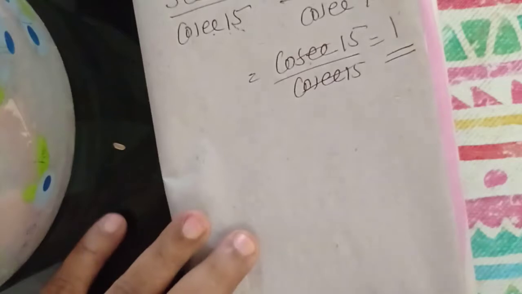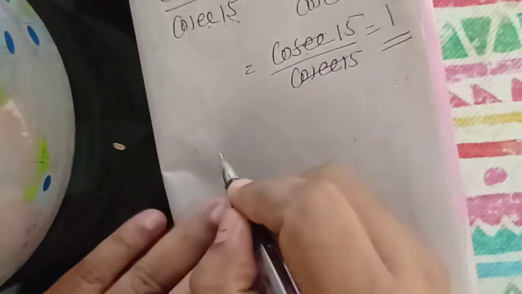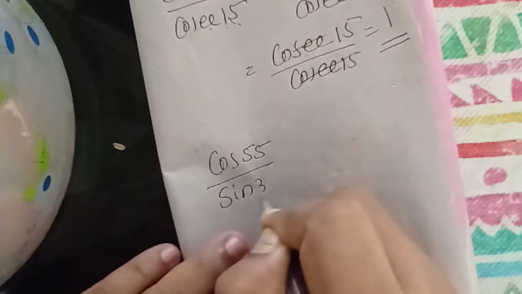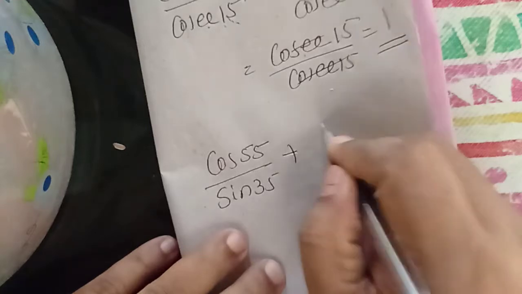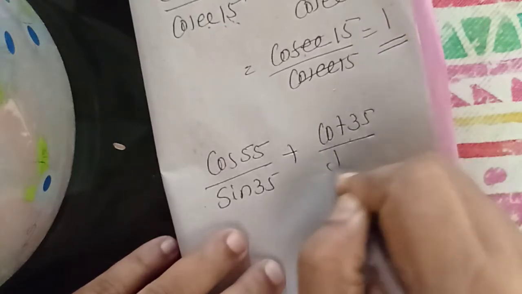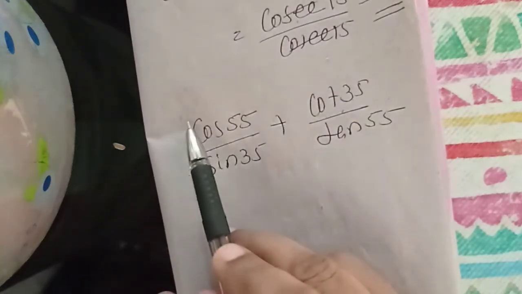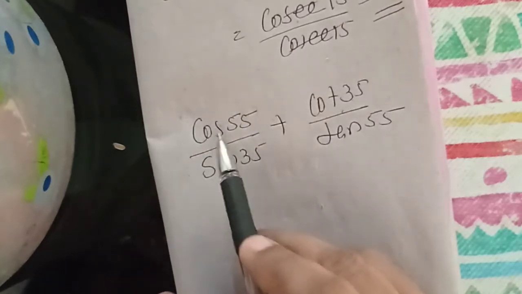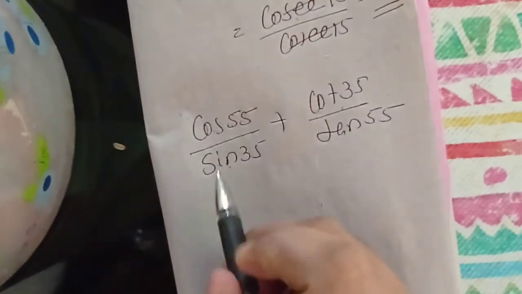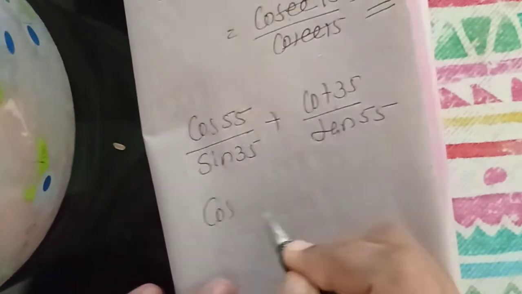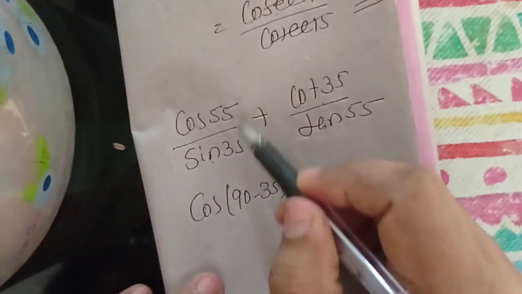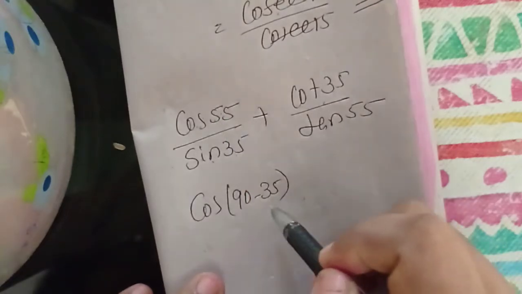Understand? Now the next question, write. Cos 55 by sin 35 plus cot 35 by tan 55. Change any one of these fractions, not both. Therefore, we usually change the numerator. Cos, how can you write 55? 90 minus 35, since 35 plus 55 gives 90.